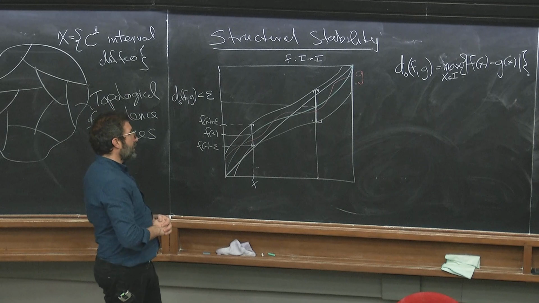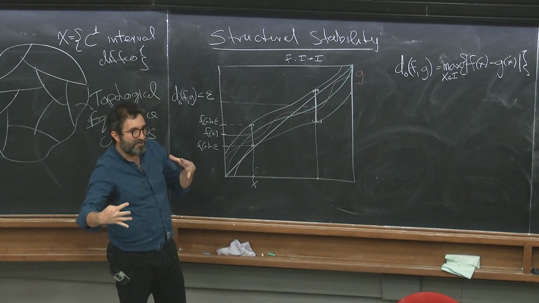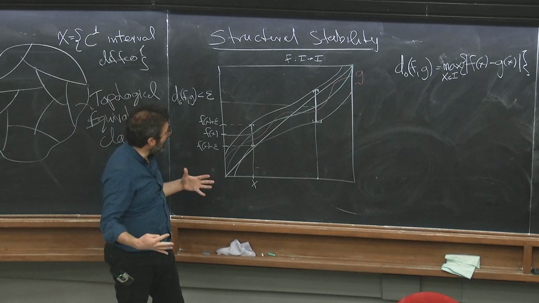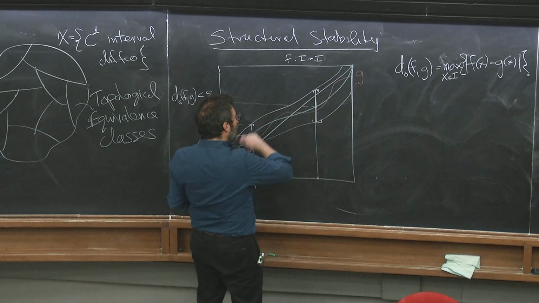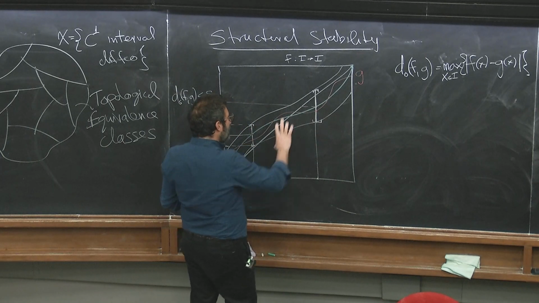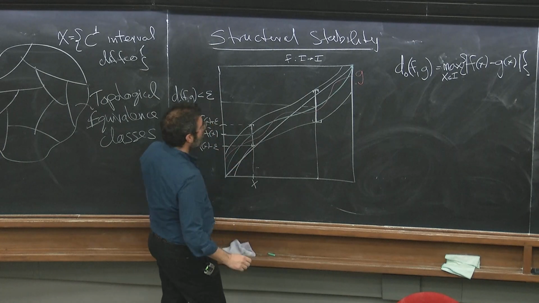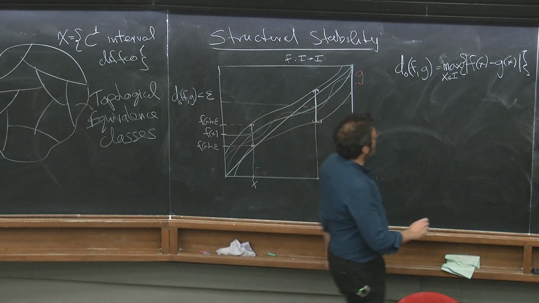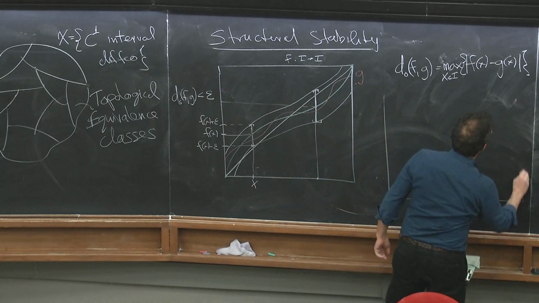And you can see immediately that this C0 metric is very wide, right? So you can quite easily create more fixed points, even if you take epsilon very small. So maybe I should draw another picture.